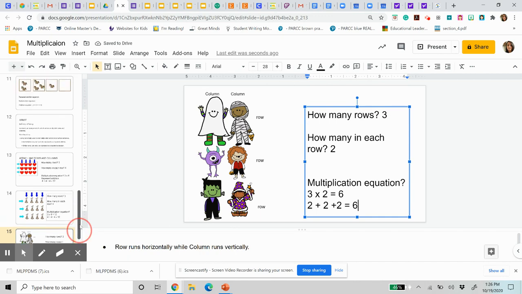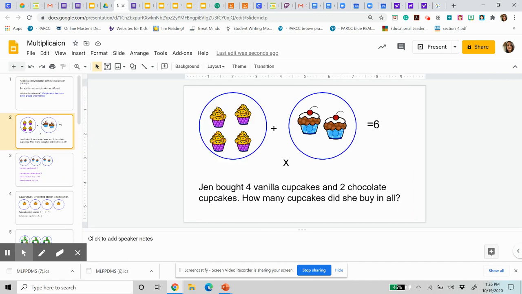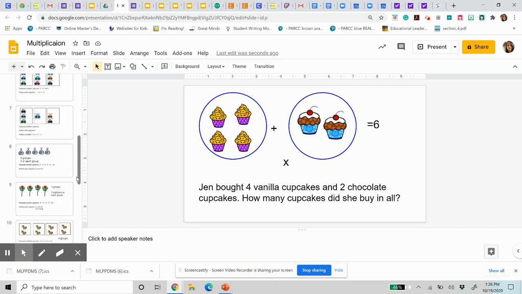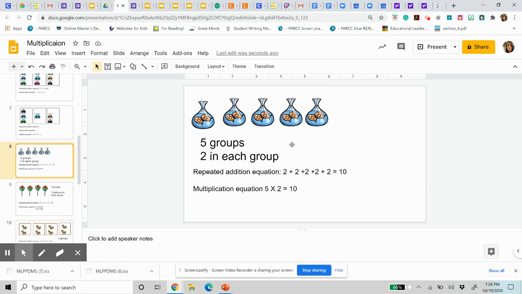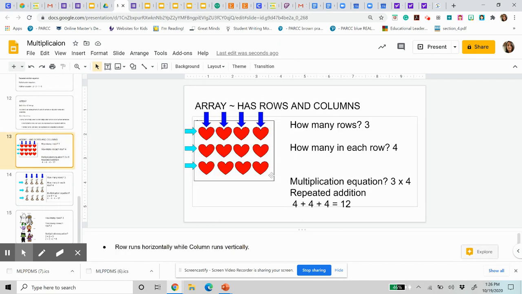Pretty much done. You're going to go do some work in a moment. But I want you to remember the main difference between addition and multiplication is equal groups or equal rows. If they're not equal, then it's just plain addition. Otherwise, multiplication is seen either in groups with the same number in each group, or it could look like an array.